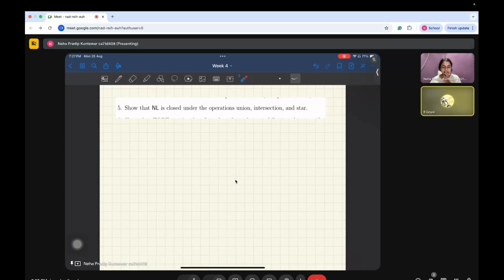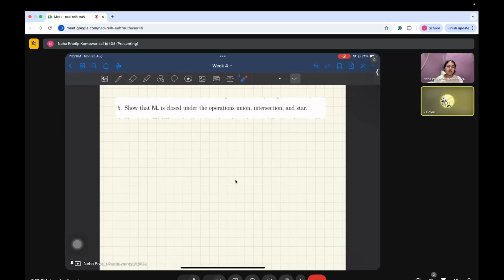For the complement, it won't be difficult. Again, we can flip the things and it will become the complement. Then with union and complement, we apply De Morgan for the intersection. Now the only thing left is the star.